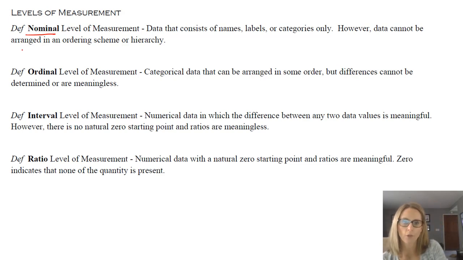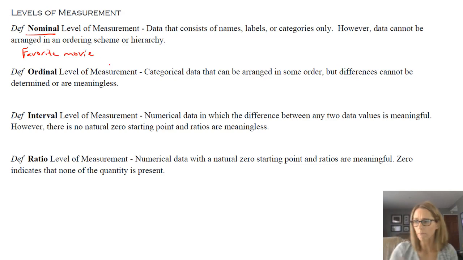So if I asked all of you your favorite movie, and I collected the data from that, I have the names of all these movies, there is no way to measure those names. There's no way to say this name is higher than another name for some reason, or there's not amounts there. Your favorite movie is just names of the movies.